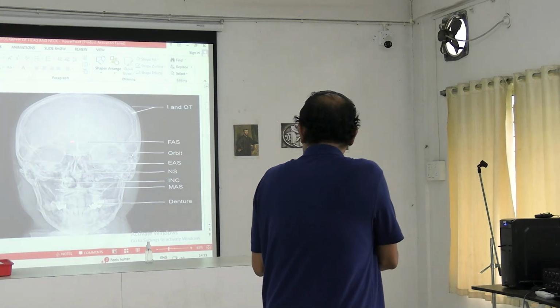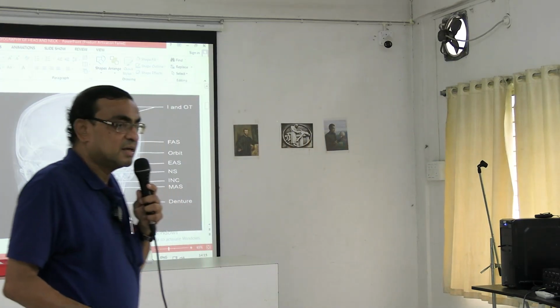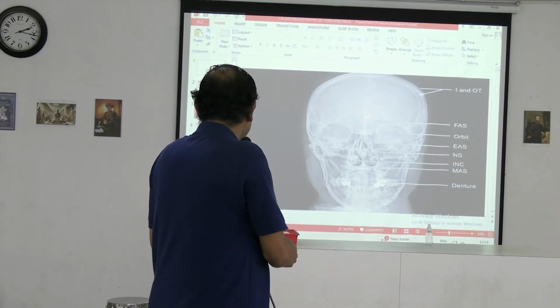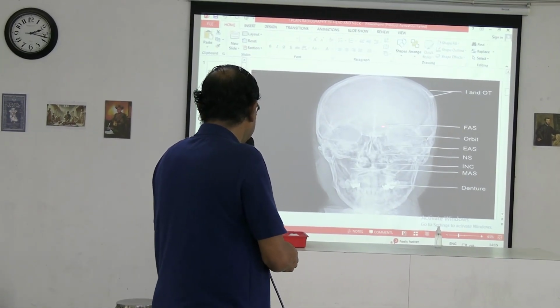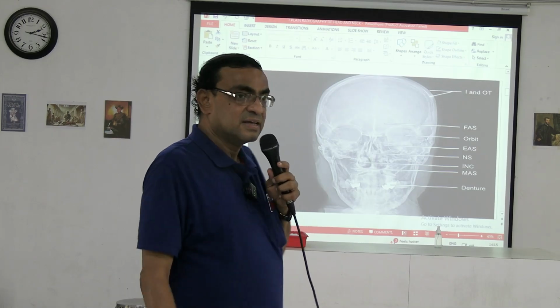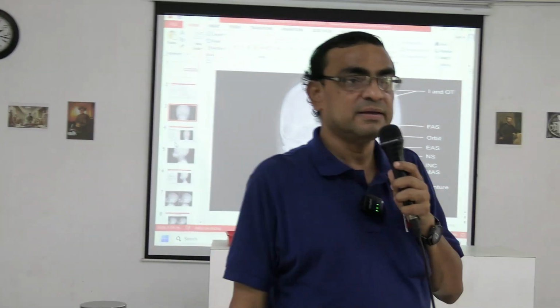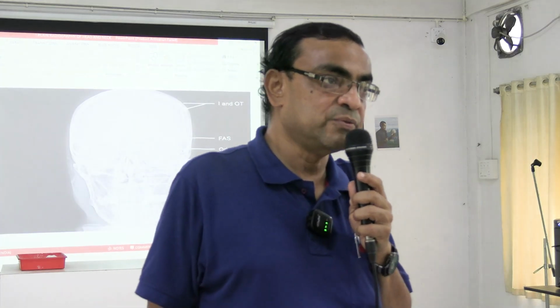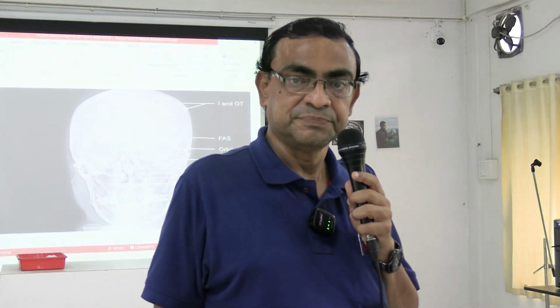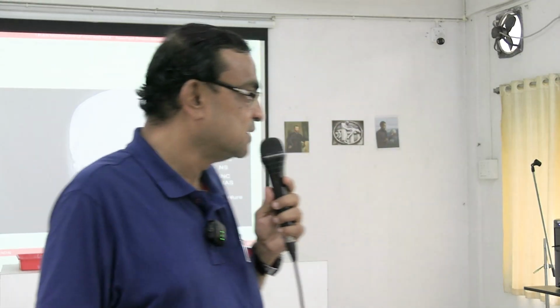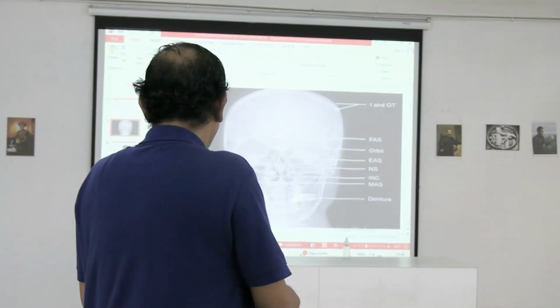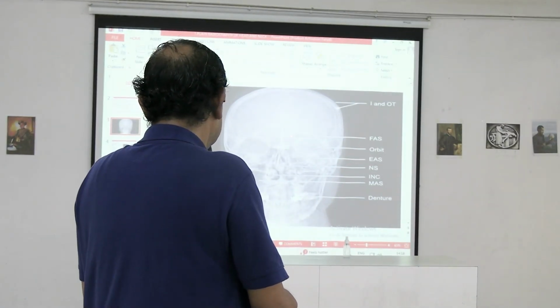Similarly, here on either side there is the frontal air sinus. There are so many sinuses around the nasal cavity. They are called paranasal sinuses. So this is one of them, the frontal air sinus.